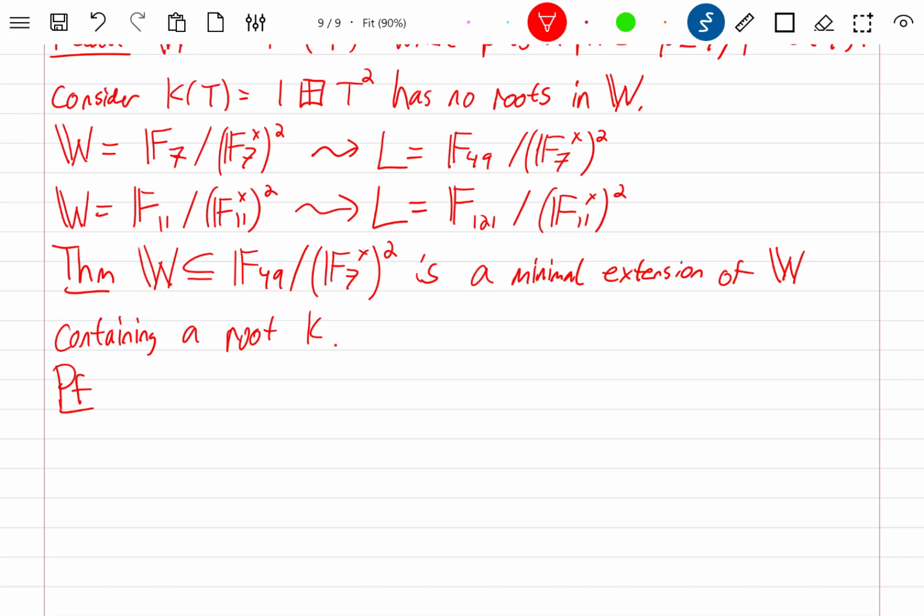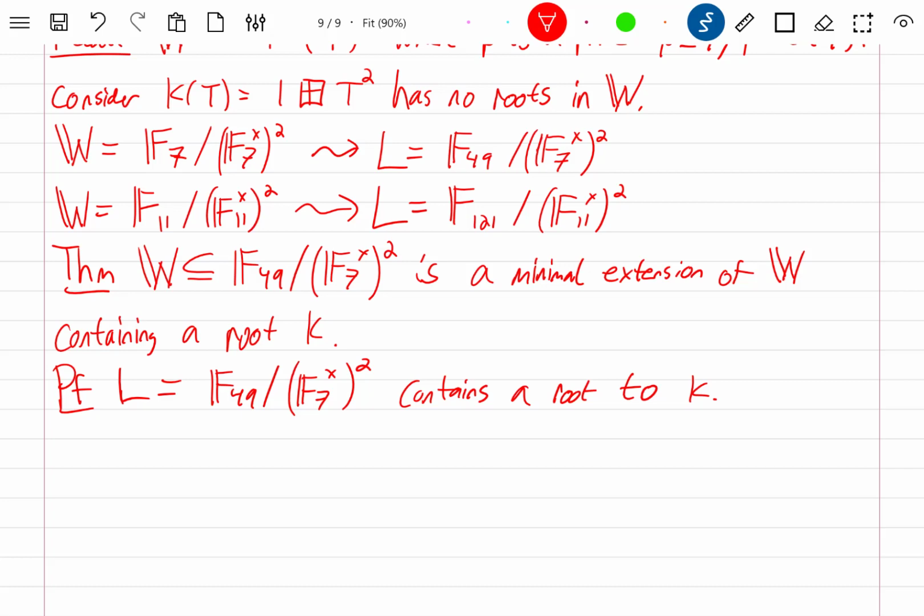So the proof is as follows. Well, we note by the construction we saw last time, if I denote L being this field, this contains a root to k by construction. So we'll just have to show it's minimal.